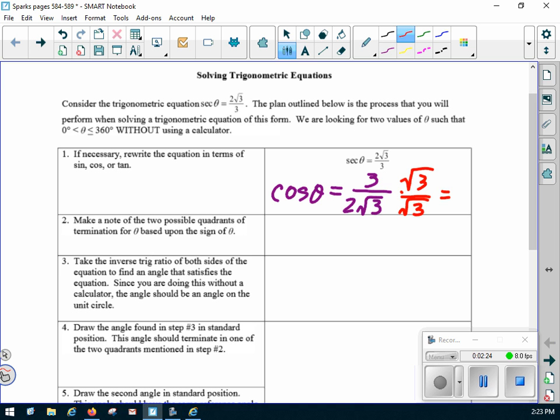What do I get? Which simplifies to square root of 3 over 2. Now, cosine of theta is the square root of 3 over 2.